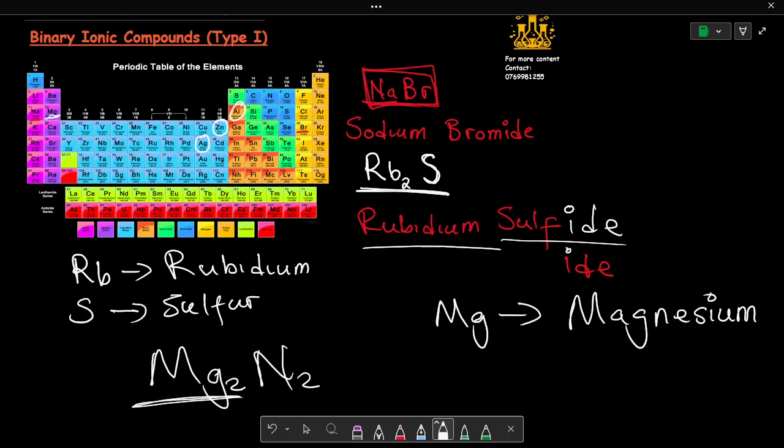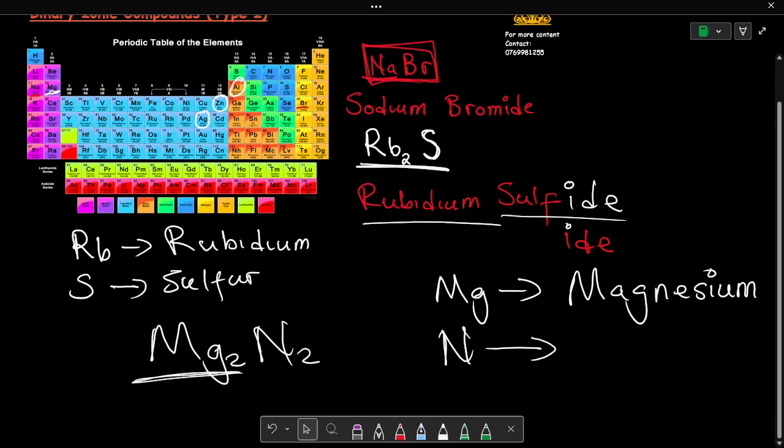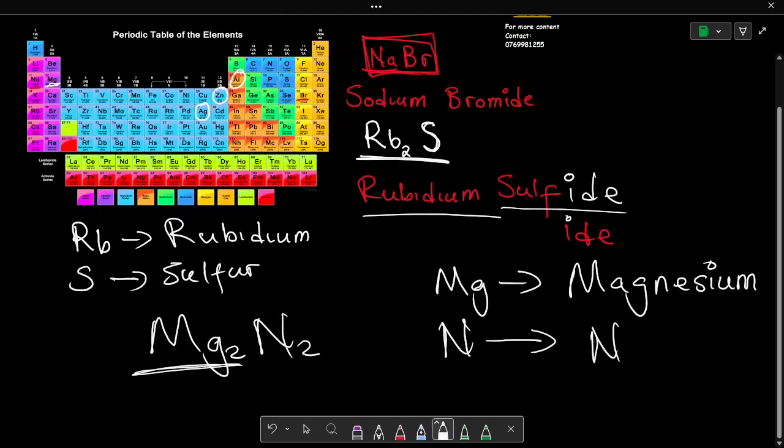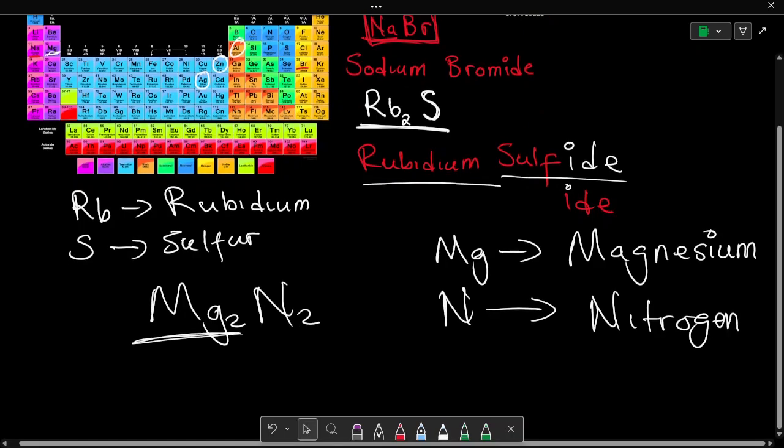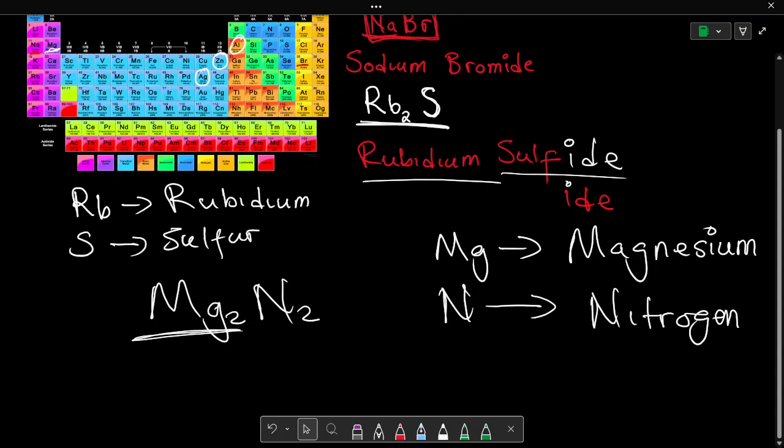And what about N? N is coming from group 5, and it is nitrogen. So this qualifies to be a binary ionic compound of type 1 because you have a metal from group 2 and a non-metal being combined.